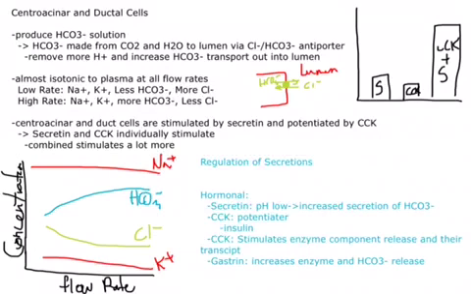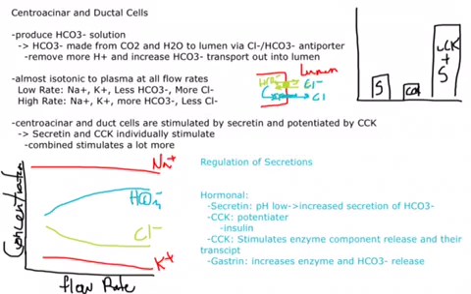And then we would have a chloride channel here, drawn in blue. This would take out our chloride that comes from here. Just so you have a visual of it.